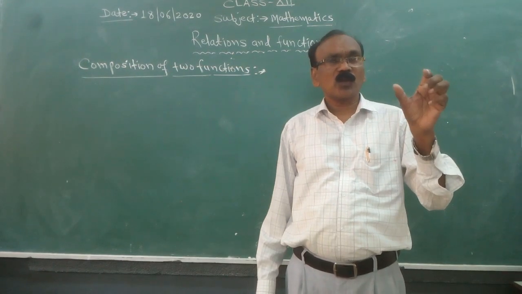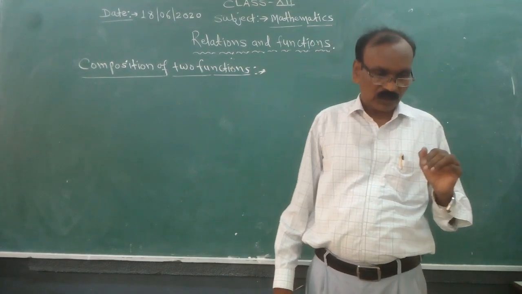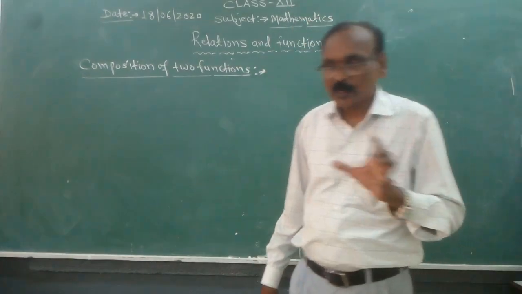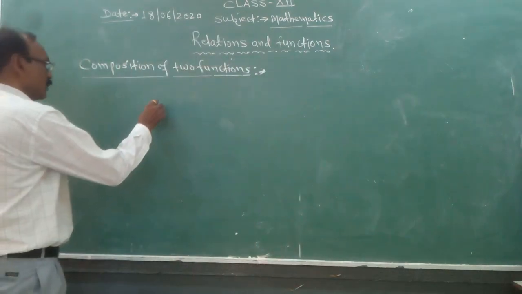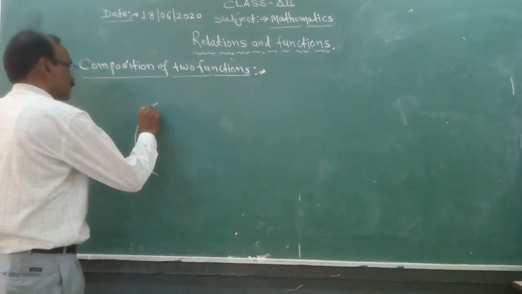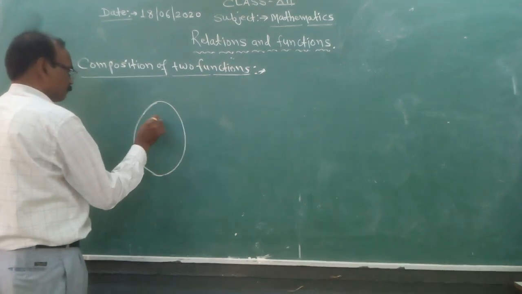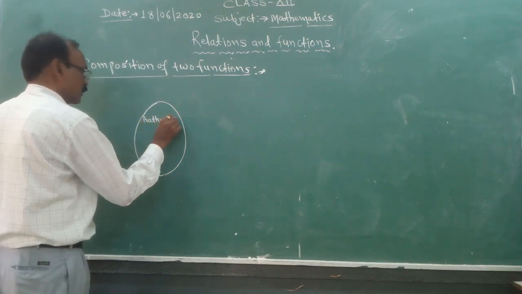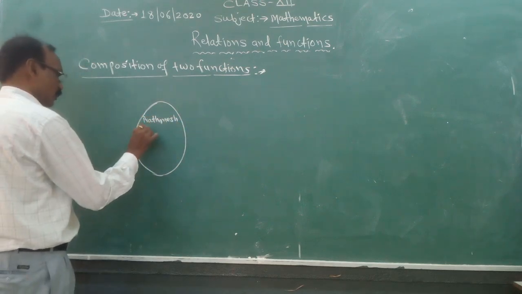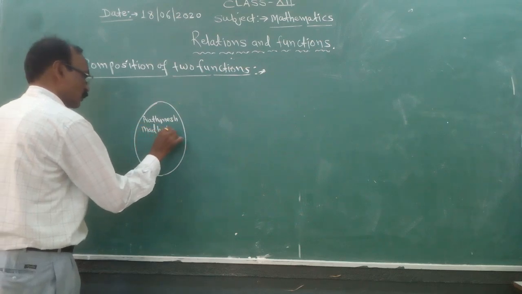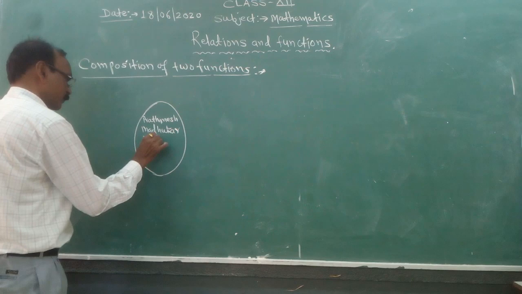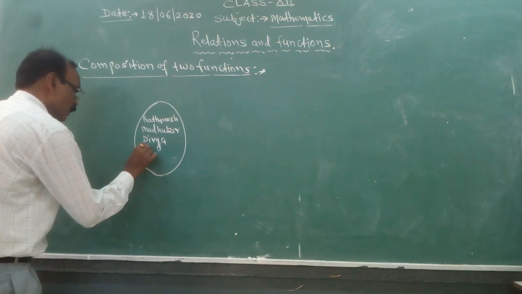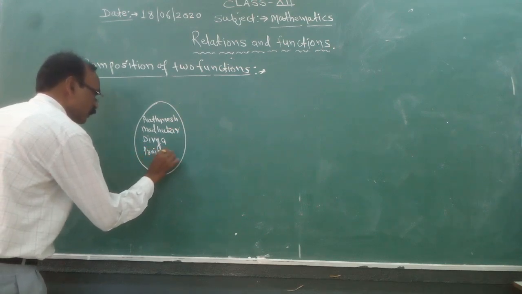Suppose the students of class 10th are appearing for the CBSE board examination. Let us take some examples of names of the students in the first set, A. For example, Prathamesh, Madhukar, Divya, Prajjot.